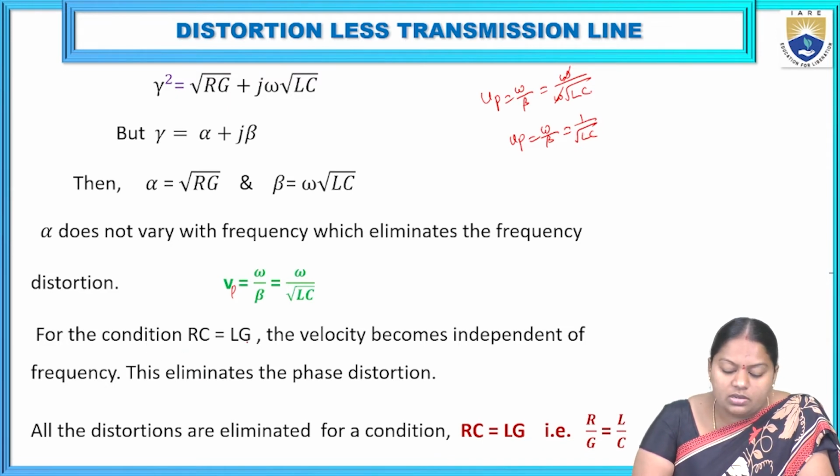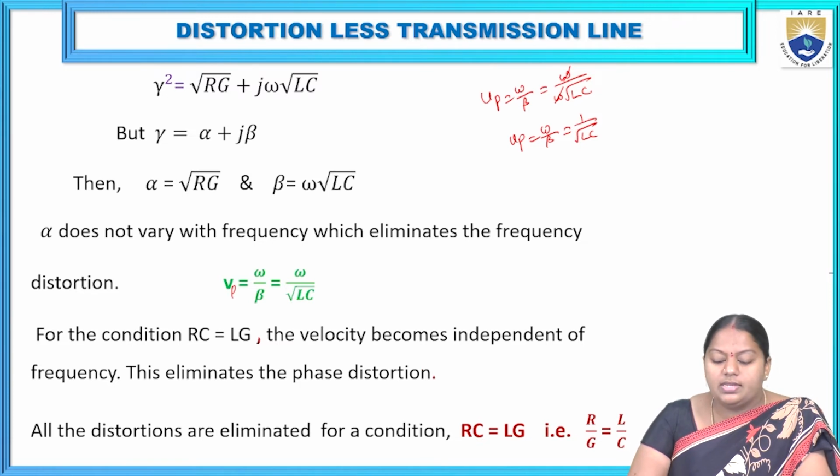So for the condition RC = LG, the velocity becomes independent of the frequency, and this eliminates the phase distortion.